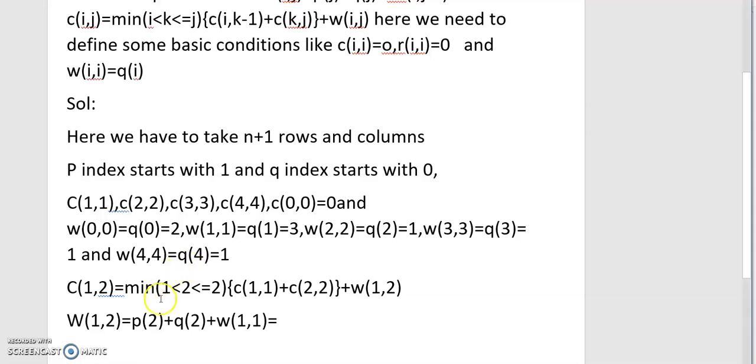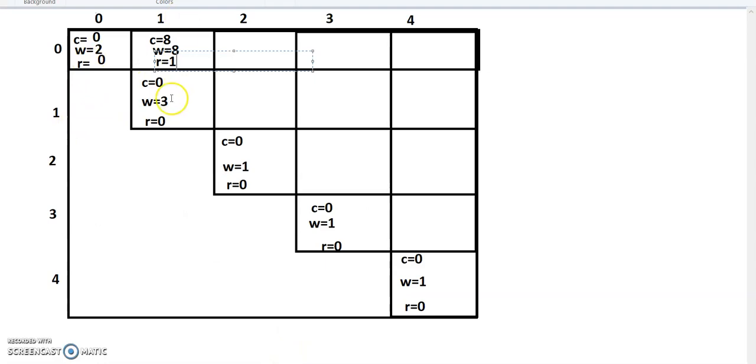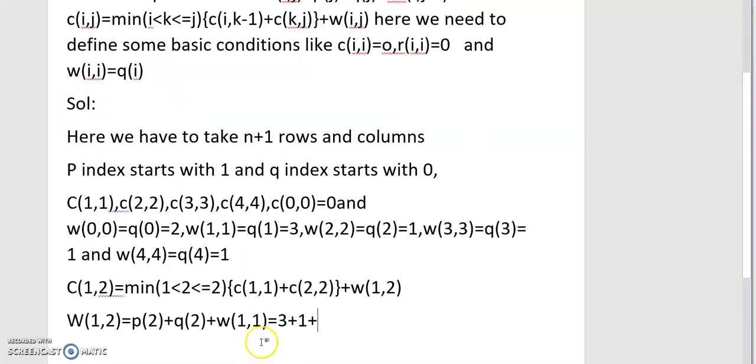Then the value is P of 2 is 3, plus Q of 2 is 1, plus W of 1 comma 1. W of 1 comma 1 is 3. So the value is 7. Now substitute into C of 1 comma 2.